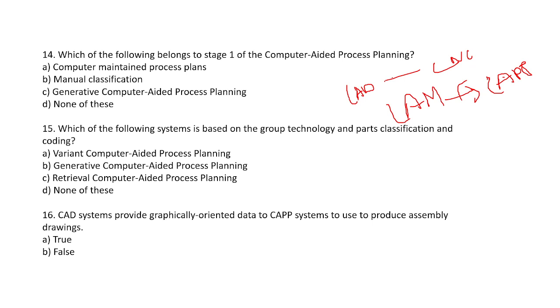In stage 1, manual classification or standardized process plans, and stage 2, computer maintained process plans, manufacturers attempted to overcome the problems of manual process planning by classifying parts into families and developing standardized process plans for part families.